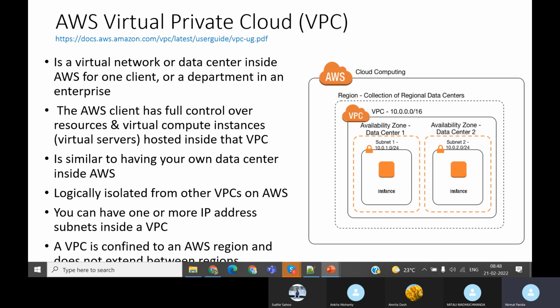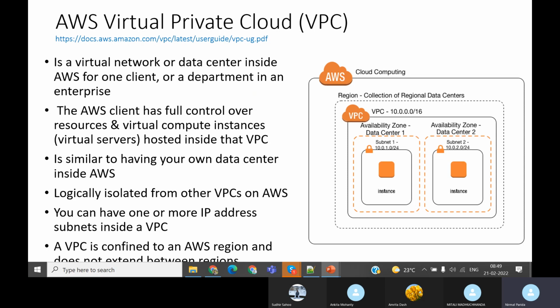In your AWS infrastructure, you are going to set up your own data center, and you set up your virtual network there. So this is the solution. The solution is the VPC from the AWS side.